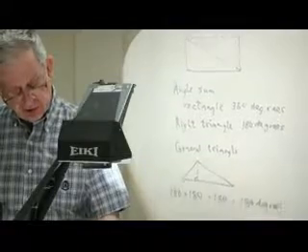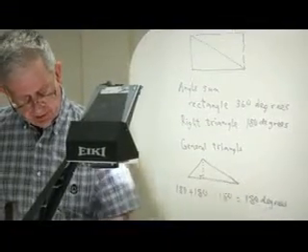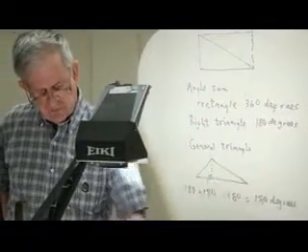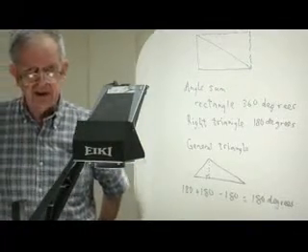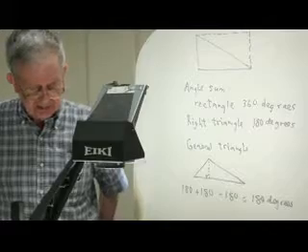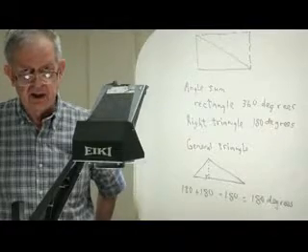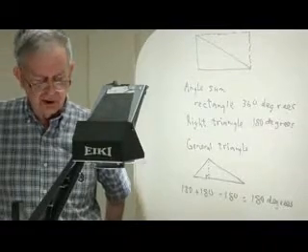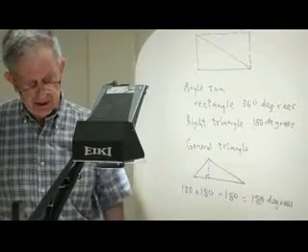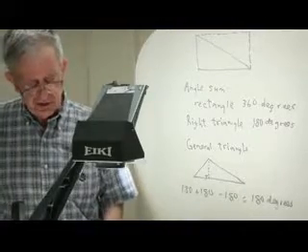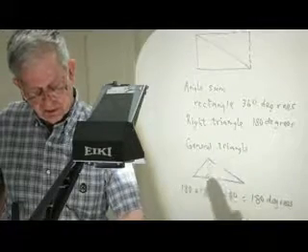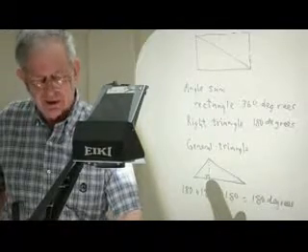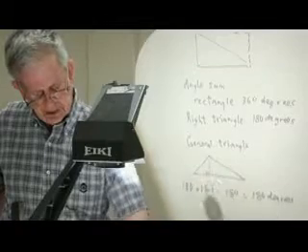And then for a general triangle, we drop a perpendicular from a vertex to the opposite side. But this time, unlike the case of the area, where we're not free to choose the side that we want, because we want the formula to work no matter what side we're taking, the final answer doesn't depend upon the side, so we can use the longest side, and so when we drop a perpendicular, it comes down and hits the triangle.